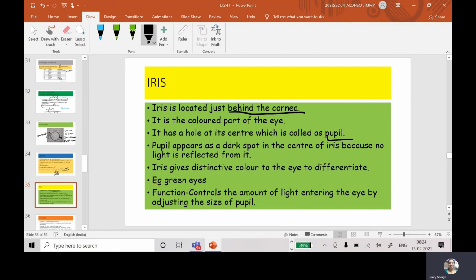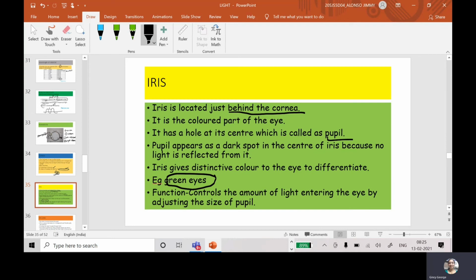Okay, so the color of the eye depends on the melanin in your eye. You might have seen some of your friends or foreigners having differently colored eyes, and you call that person a green-eyed or blue-eyed person. That depends on the melanin content in their eye.